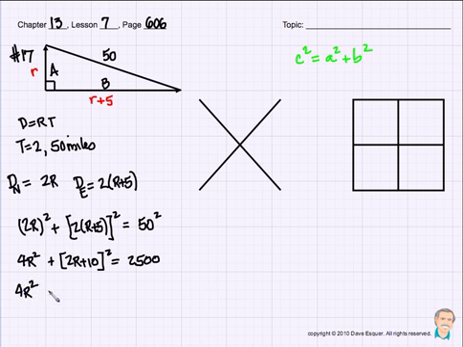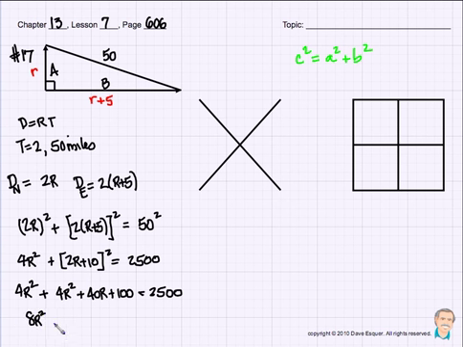Well, this looks like 4r squared plus 4r squared plus 40r plus 100 has to be 2500. And all I did was I FOILed 2r plus 10 times 2r plus 10.